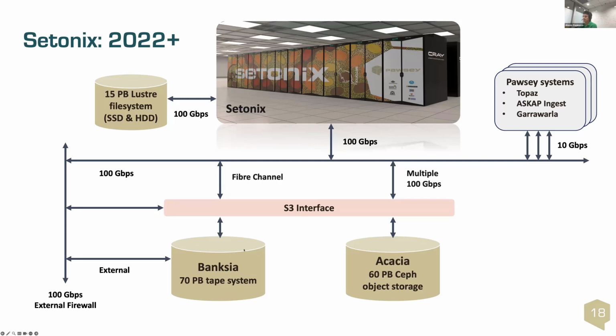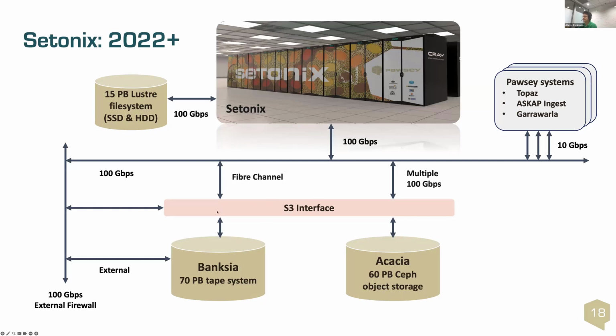Then we have some other more permanent storage systems. The one we are going to touch today is Acacia. So basically, when you need to keep data for longer than a month, basically your results, and keep them for the duration of your project, you will need to move data from the Scratch system to Acacia.